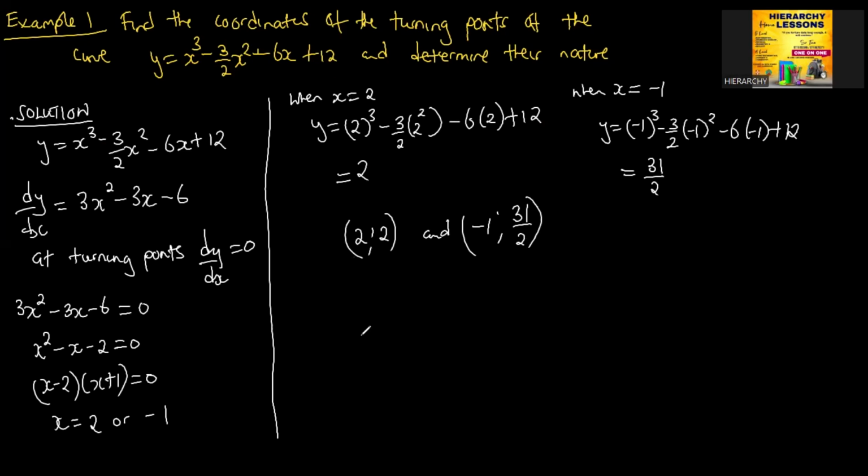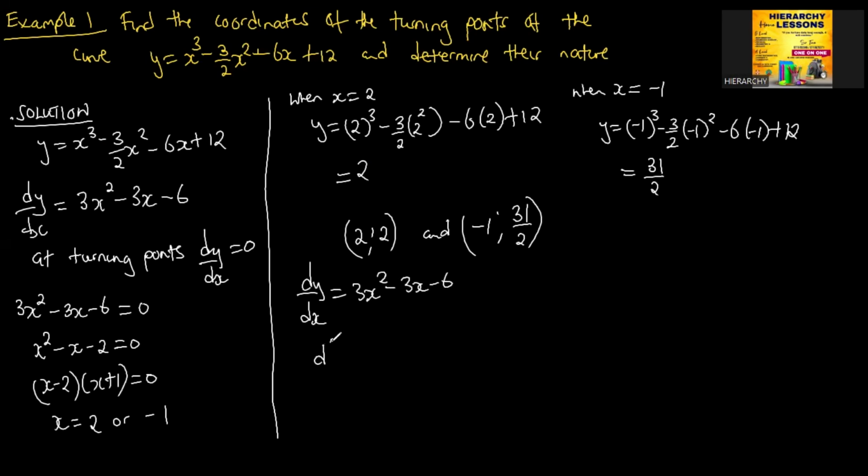And so how do you determine their nature now? Remember, we're going to examine the sign of the second derivative. So we're going to differentiate this dy/dx, which was 3x squared minus 3x minus 6.